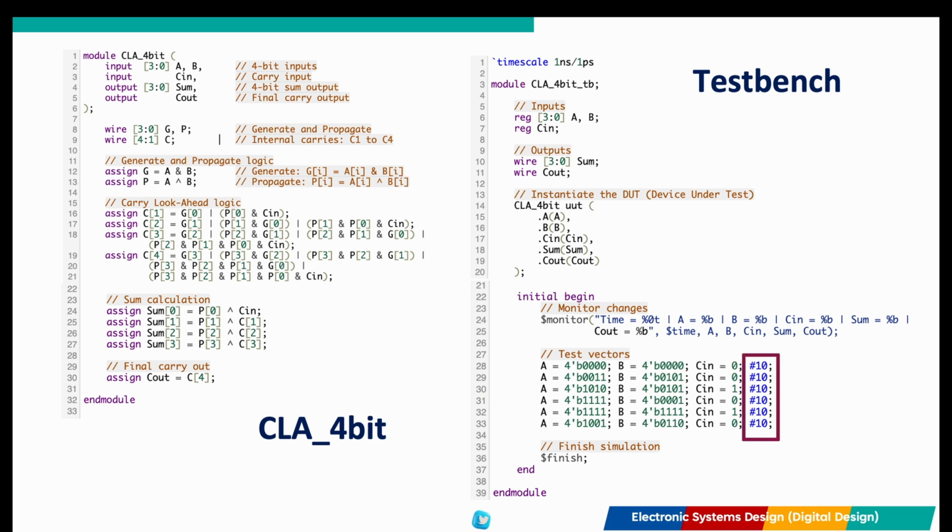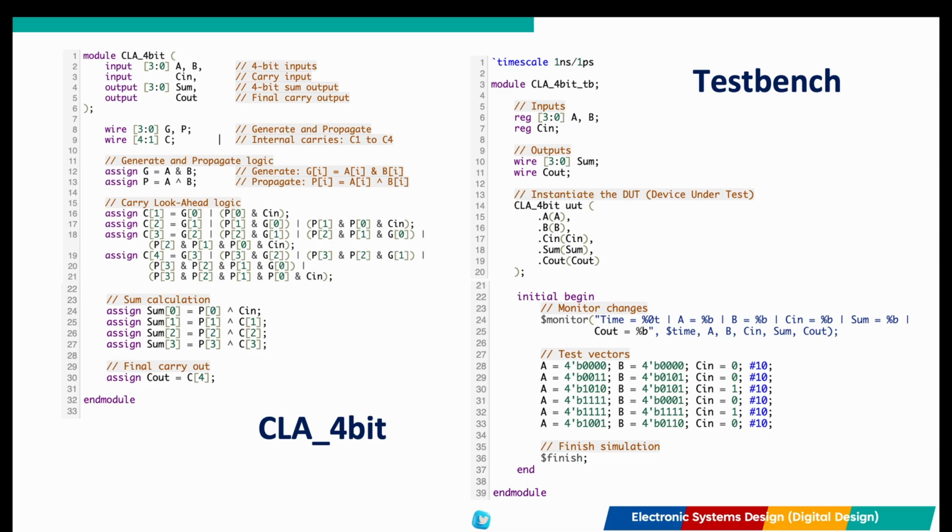The #10 inserts a 10 nanosecond delay between tests, giving the simulation time to resolve. Once all vectors are processed, the finish command stops the simulator. If our monitor shows the correct sums, the CLA is ready for synthesis in Quartus.